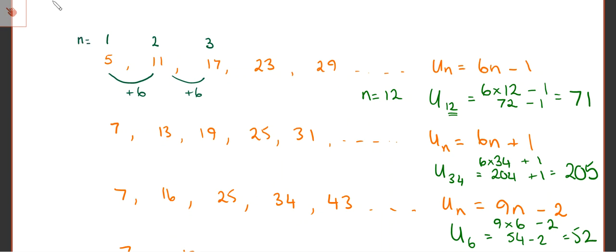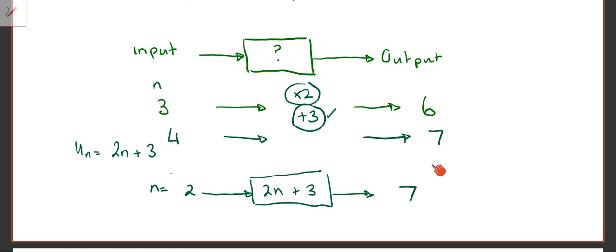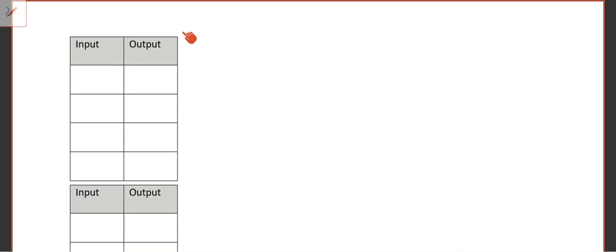But if we did function machines, in my input, if I put a 1 in and got a 5 out, and then what I need to know is, what does it add up next? What would be the next number? So what do I choose as my next input? 2. And it would get 11.